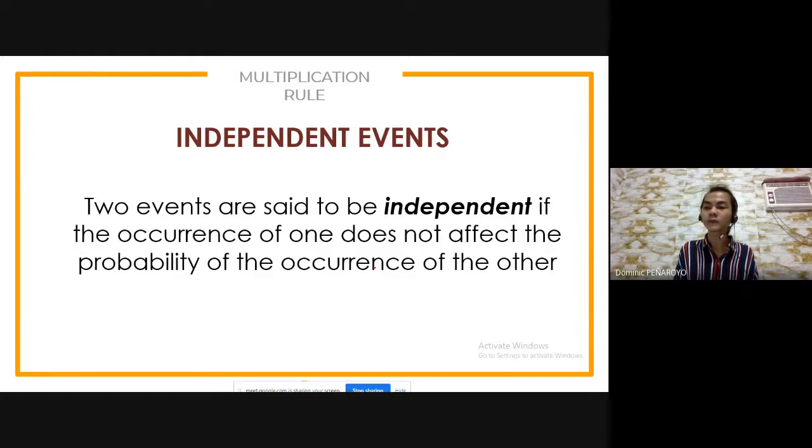Hindi naman naapektuhan yung pangalawang trial, for example, meron na gumawa ka ng experiment on your first trial, kaya hindi naman apektuhan yung second trial mo, then we call it the independent events.